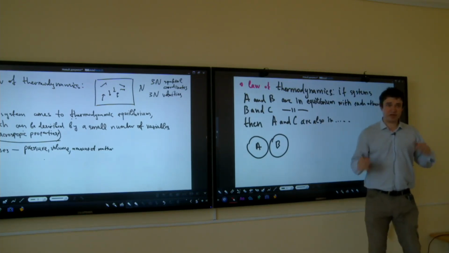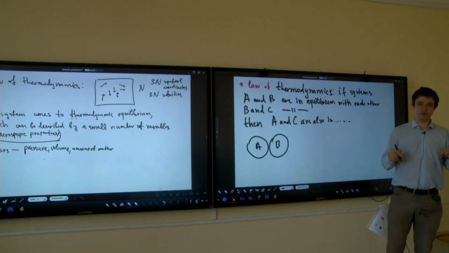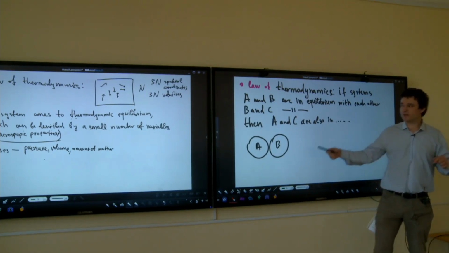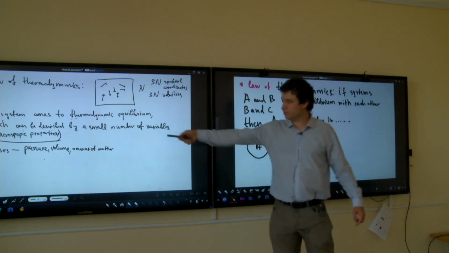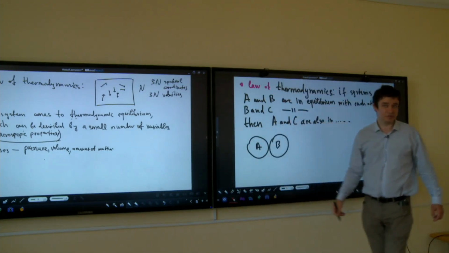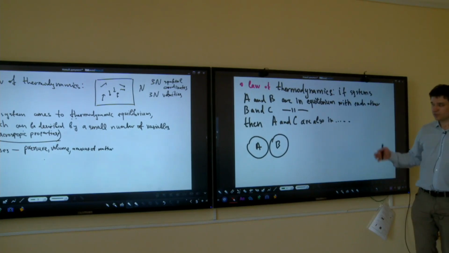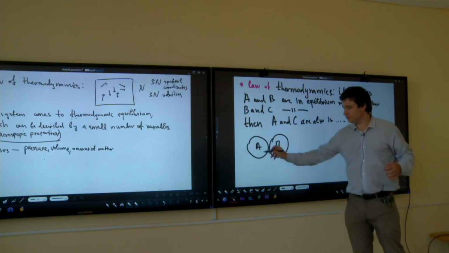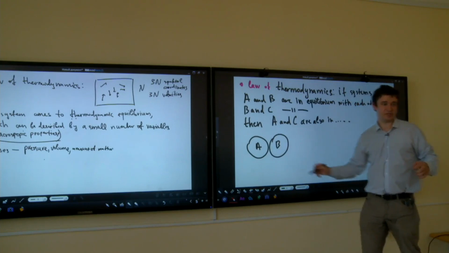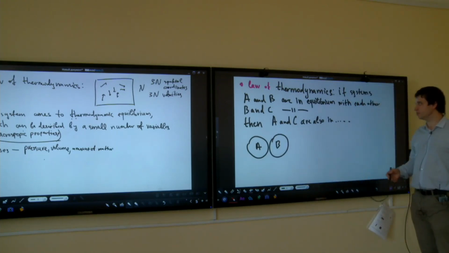And after I bring them into contact, their states described by those variables do not change. So as I allow these two systems to interact, the state of the system doesn't change. That means that these systems are in equilibrium with each other.